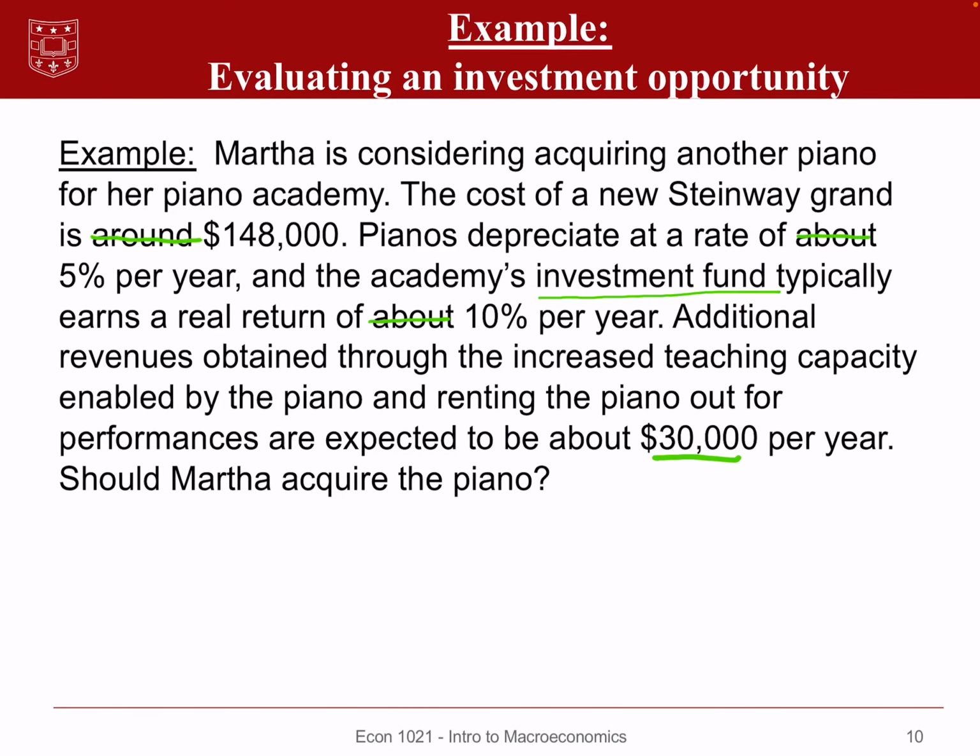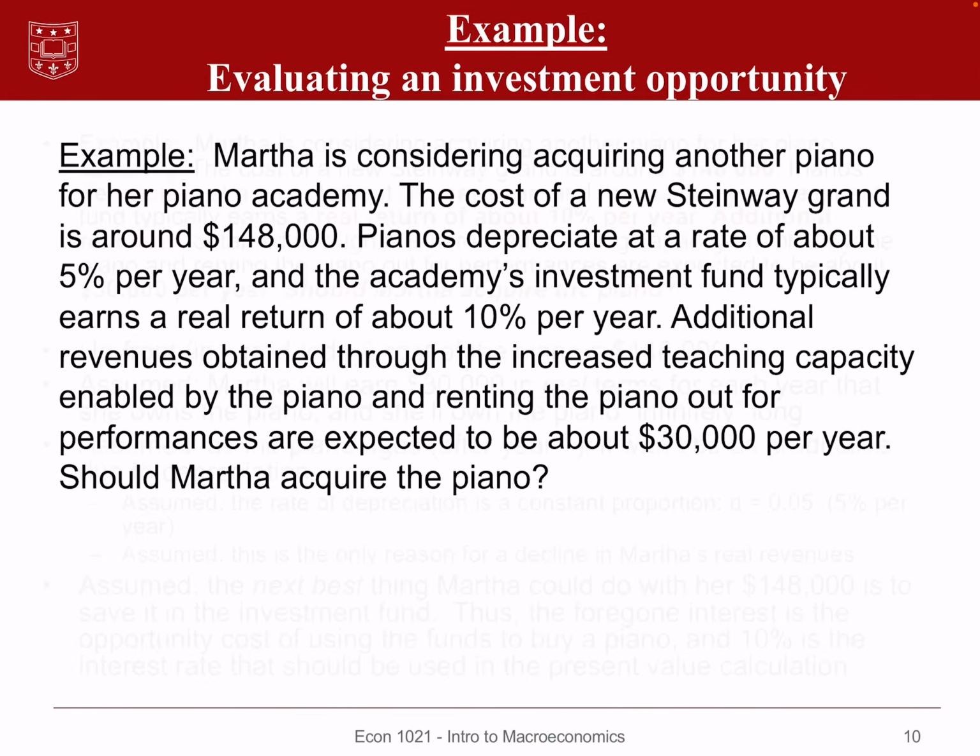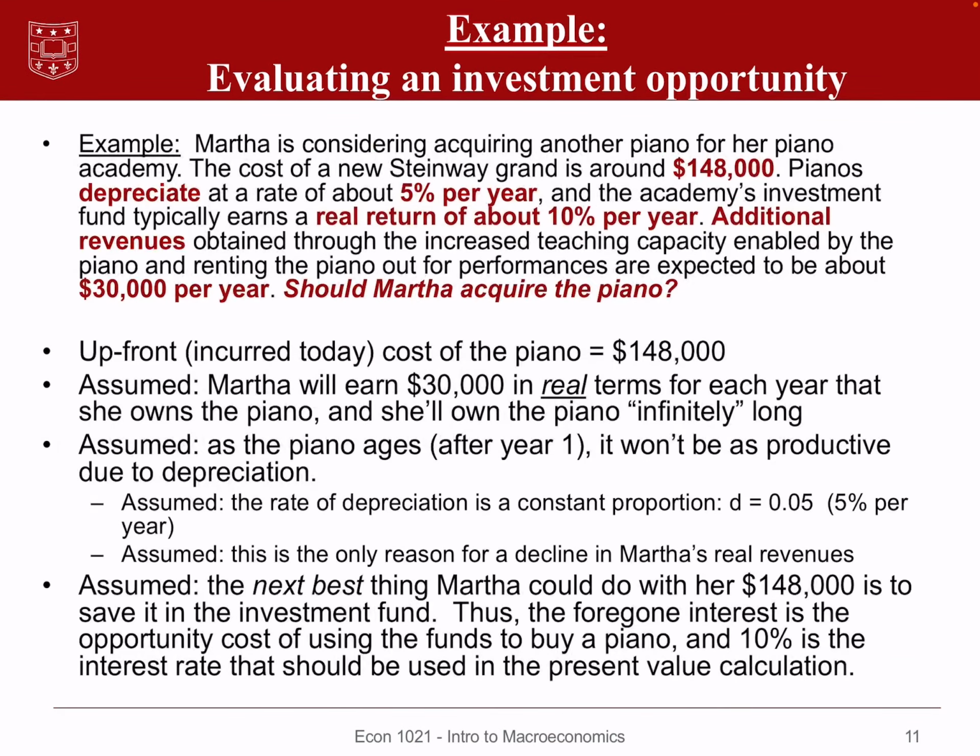So let's consider, if I can advance this, I have just made smaller with some bolding the statement that was on the previous slide. What are the things that we need to do to read these kinds of problems? There is an upfront cost incurred today, and for the piano, that's $148,000.